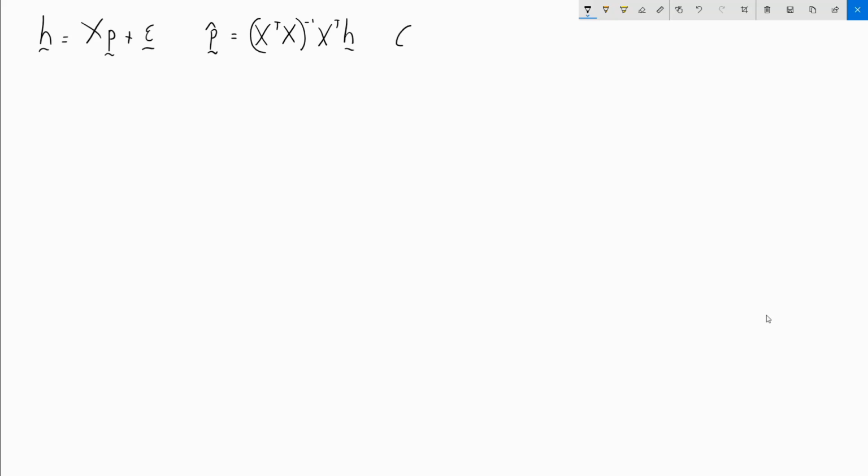And that the covariance matrix of parameter error can be obtained through this equation. However, in deriving this equation here, we assumed that measurement noise was 0. Now let's be a little bit more realistic.